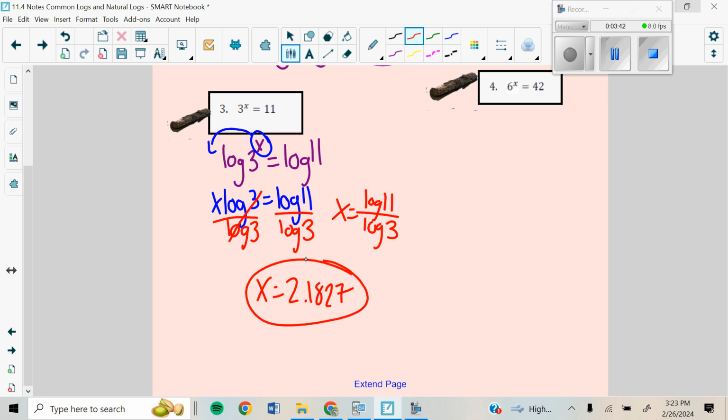All right, then let's look at this next one. I cannot make 6 into a base of something that is the same as a base 42 into a base of something. I can't take 6 to make it into a base 2. I can't take 42 and make it into a base 6. So we're going to take the common log on both sides.